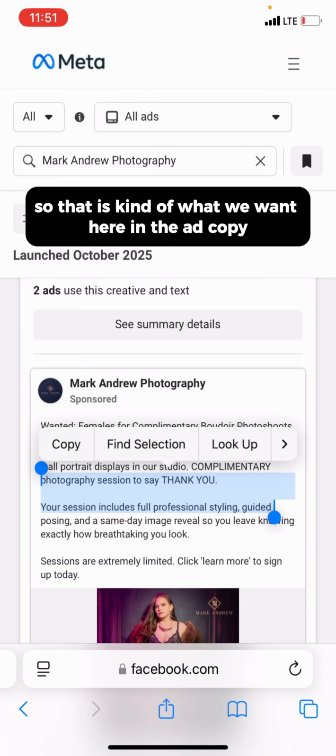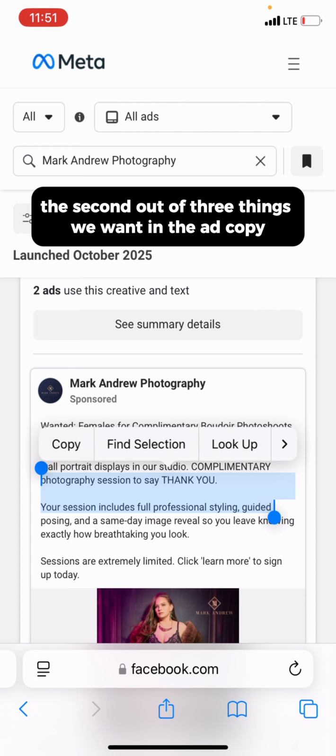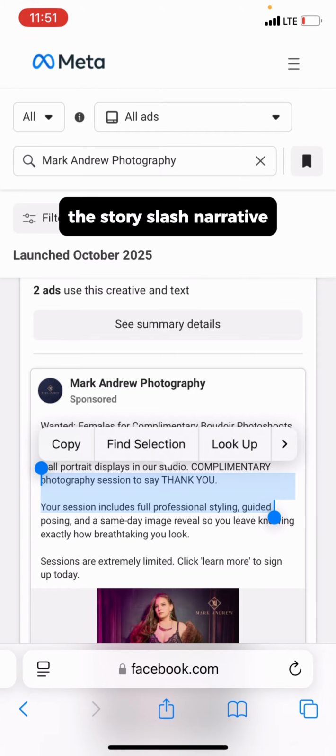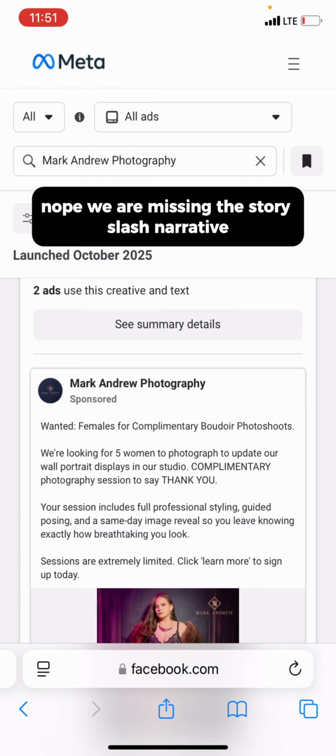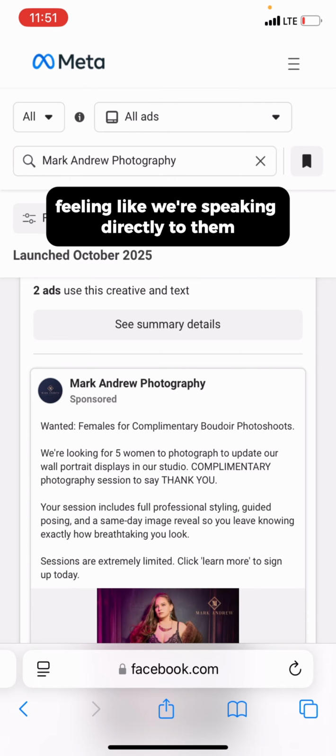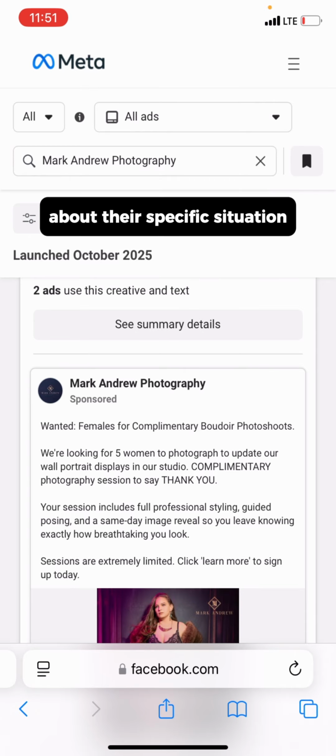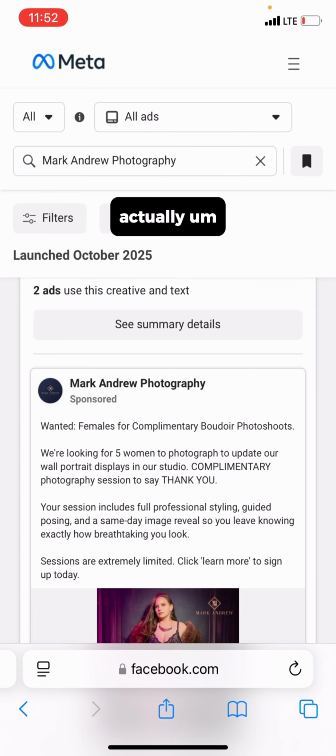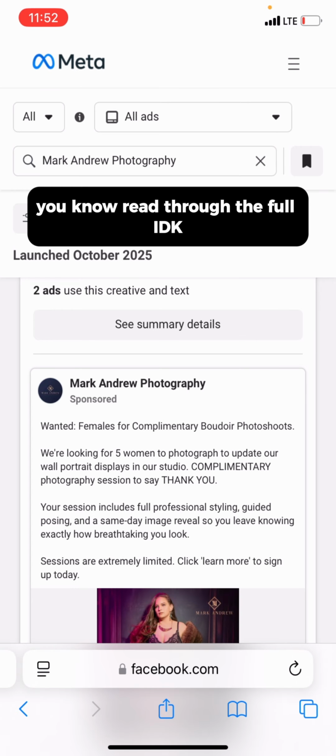So that is what we want here in the ad copy. The second out of 3 things we want in the ad copy is the story/narrative. And no, we are missing the story/narrative. So we have fewer women feeling like we're speaking directly to them about their specific situation. We're having fewer women read through the full ad copy and become pre-qualified.